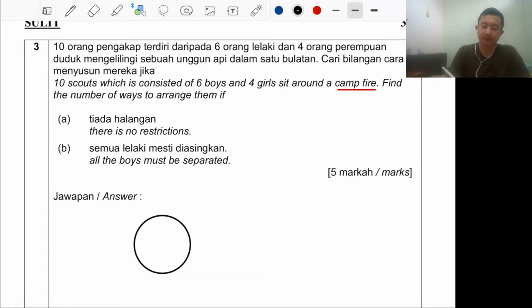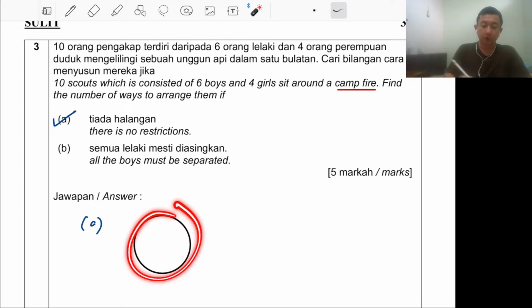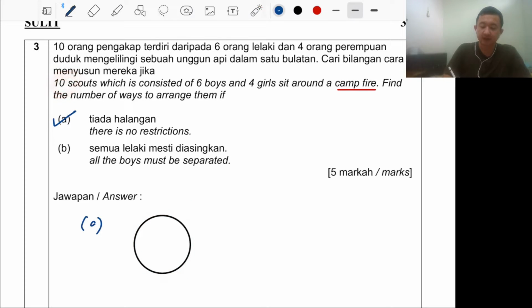Find the number of ways if there are no restrictions. No restriction meaning they can sit anyhow they want. But be aware, this is a circle. There are 10 of them, so instead of 10 factorial or 10P10, this is not the answer.